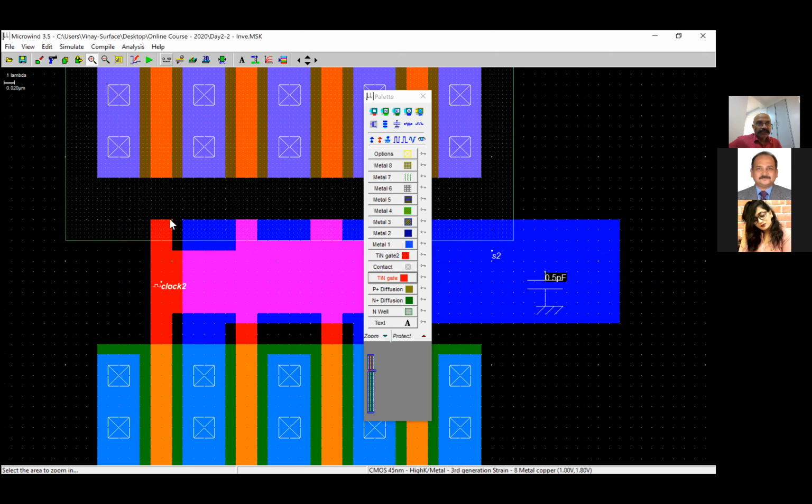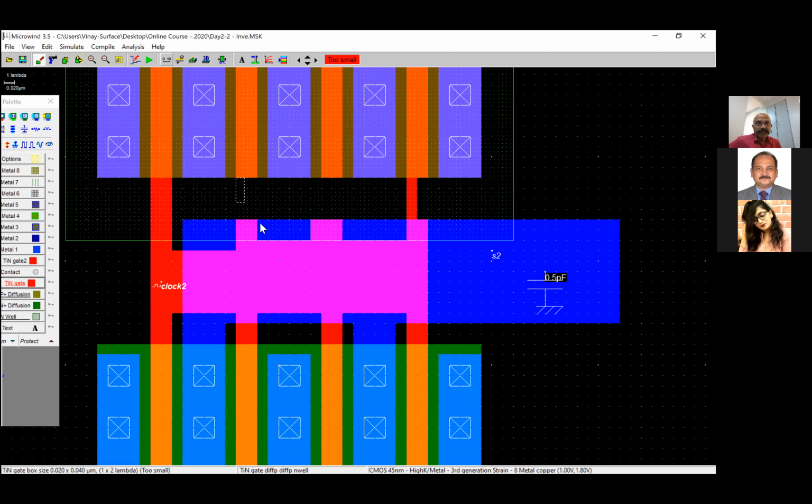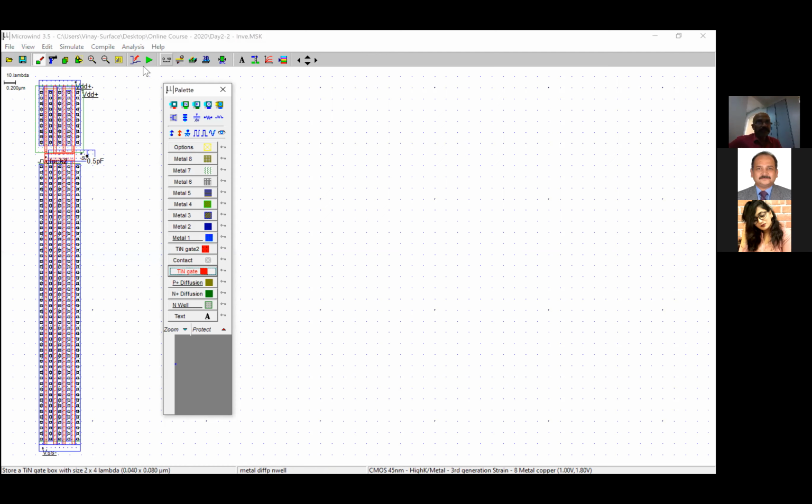I short these gates, so they become parallel again. So what I've done is just delete this part. I'm sure I would be violating some DRC, but I'm not bothered about the rules as of now. So I have made the PMOS a little smaller as compared to the previous time.